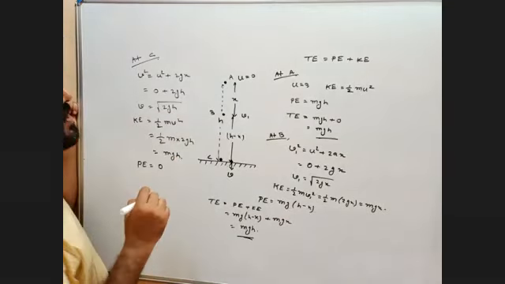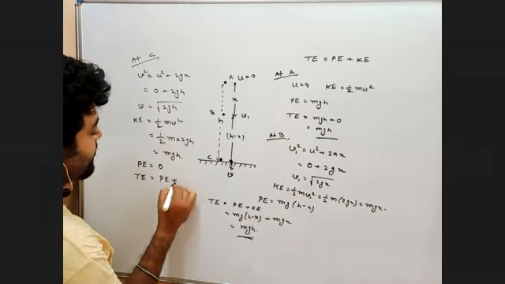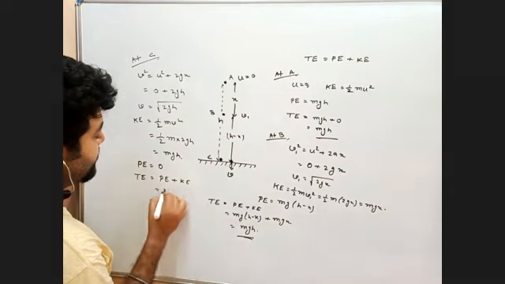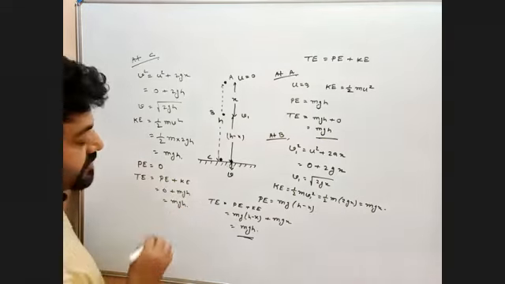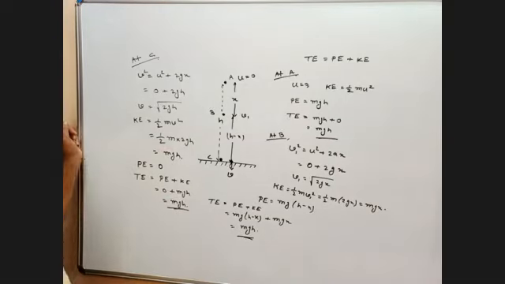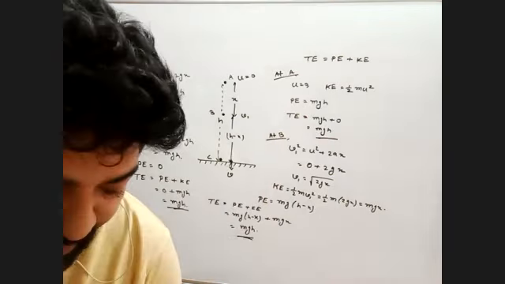Is it clear? Yes, sir. Total energy, potential plus kinetic, is 0 plus mgh, which is mgh. So at A, B, and C the total energy is mgh, so you can say energy is conserved.